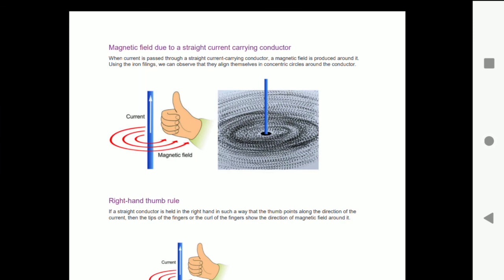The magnitude of magnetic field produced by a straight current carrying wire at a given point depends on two factors.